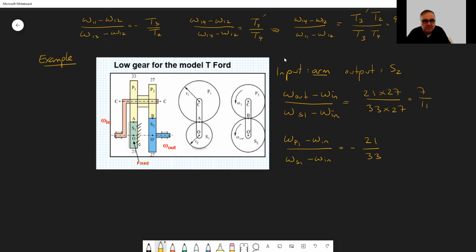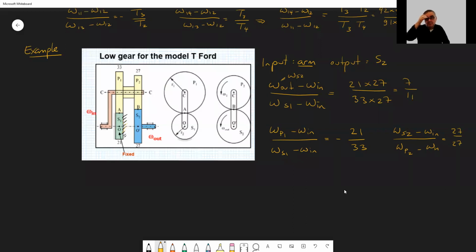And then for the second planetary gear, you can write this is omega S2. Actually, this is 1.